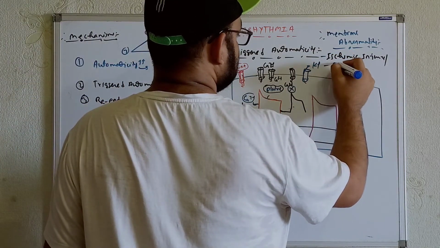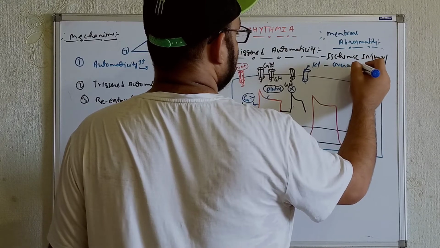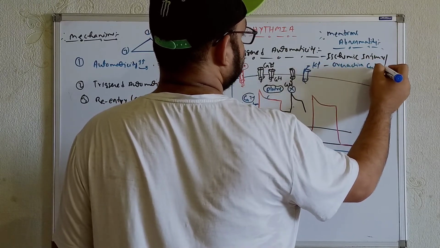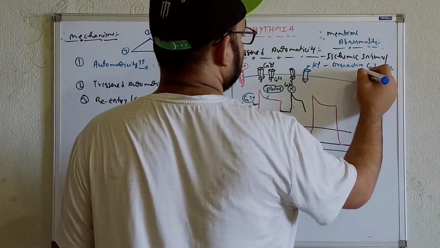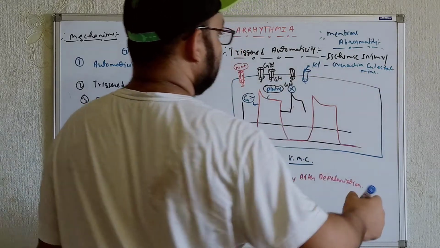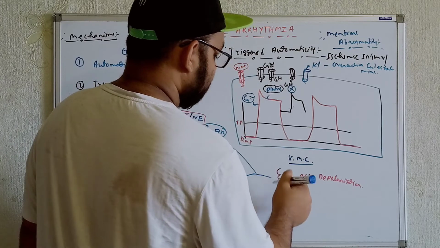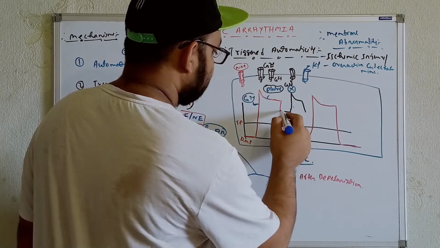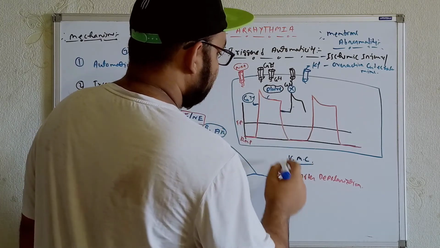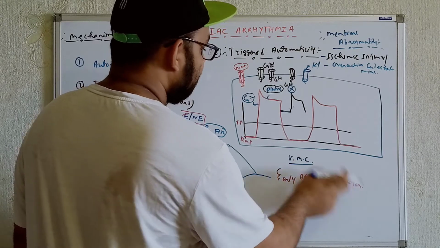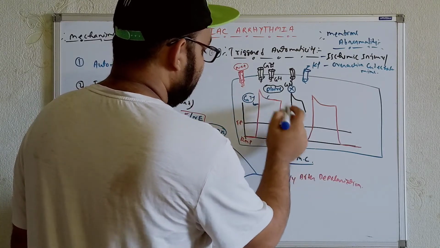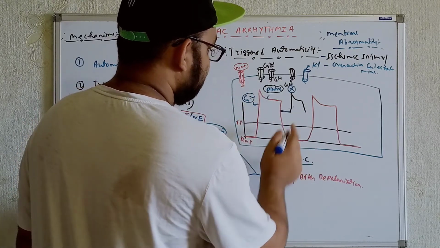If we get overactions of catecholamine, these are the reasons. Here there will be origination of new action potentials from here. That is after depolarization, but we are getting it early, before the start of the new cycle.